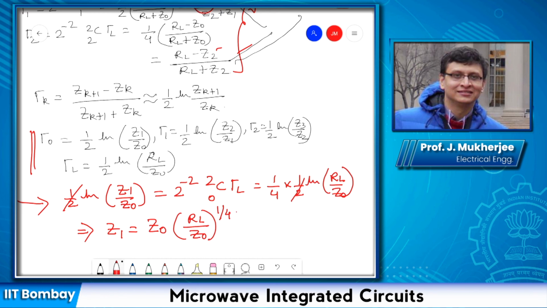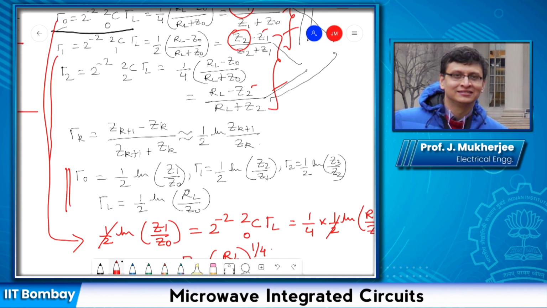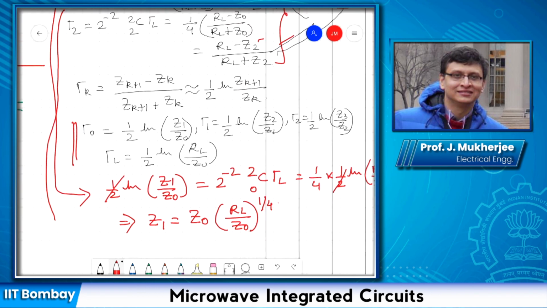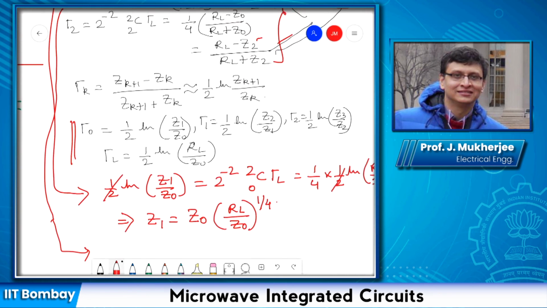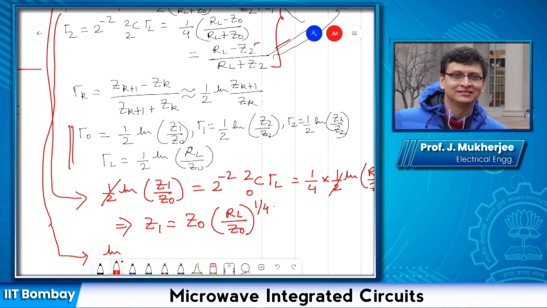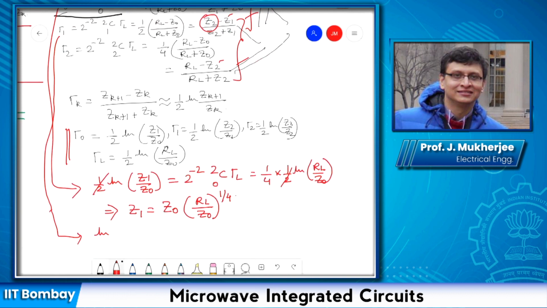Fine. Let's take the next equation. Going back to that equation, from this gamma 1, I can write half ln Z2 upon Z1 is equal to 2 raised to minus 2 to C1 gamma L, which is equal to half into half ln RL by Z0.